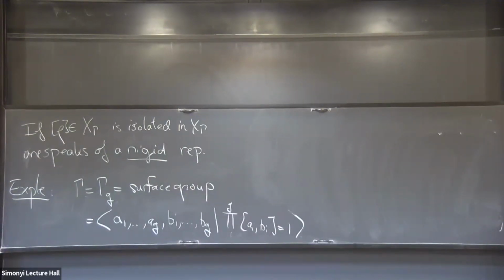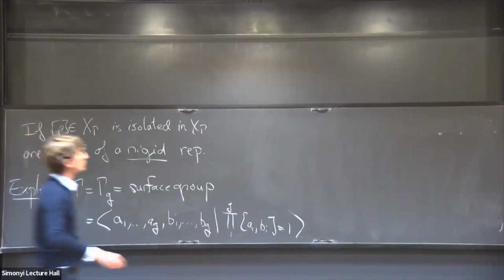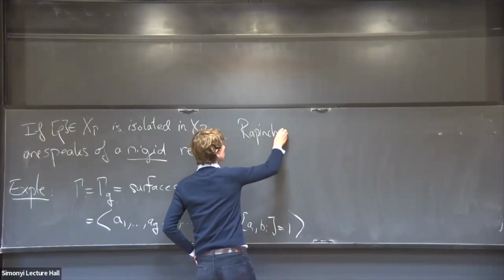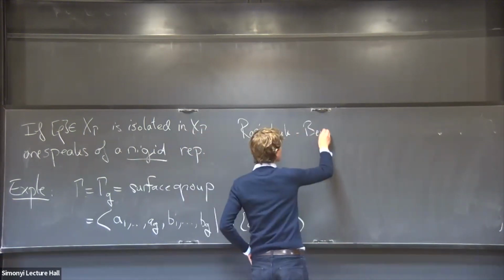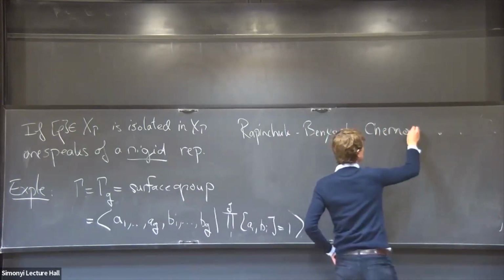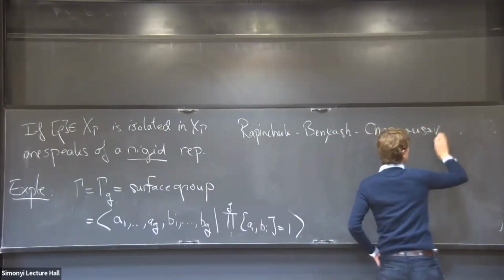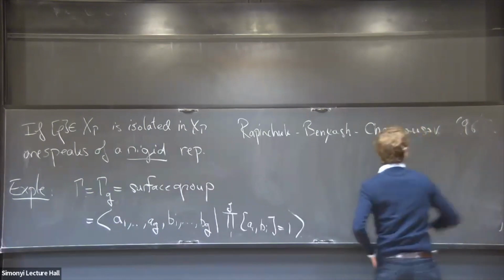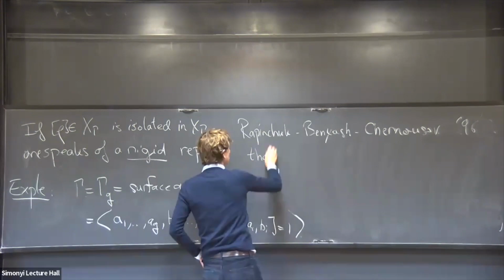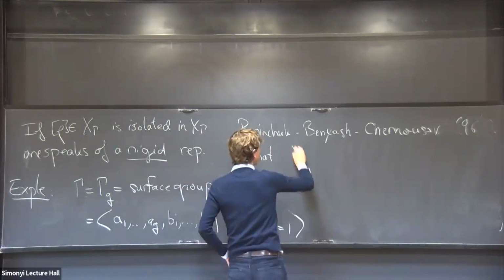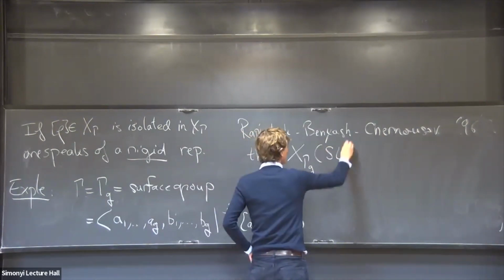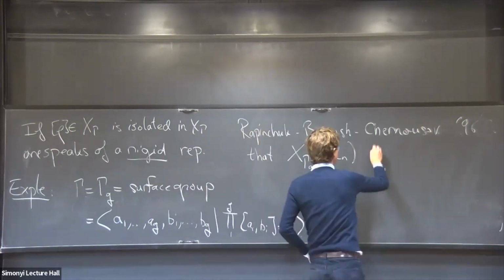So, for instance, it goes back to a paper of Bary-Soroker from 1996, that the representation variety of gamma G for the group SLN is irreducible.